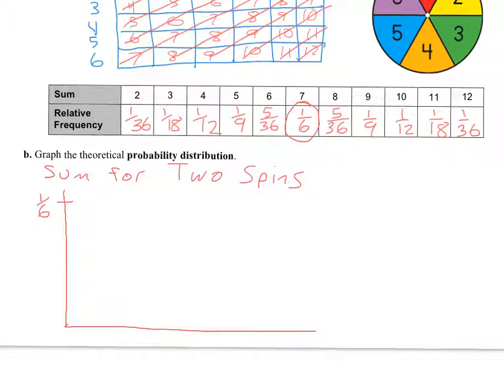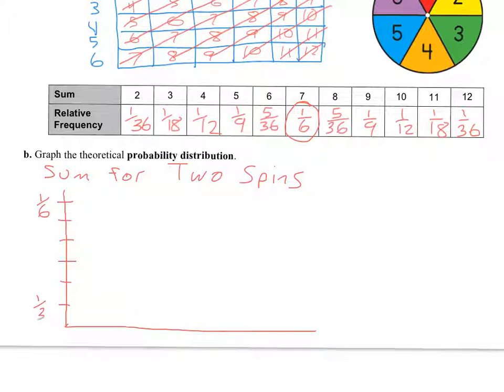So I'm going to divide this into 6 tick marks actually. Okay, not perfectly to scale, but pretty close. Try your best, please. Okay, so then each tick mark is 1 over 36.